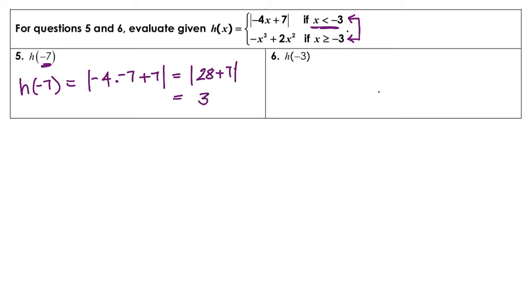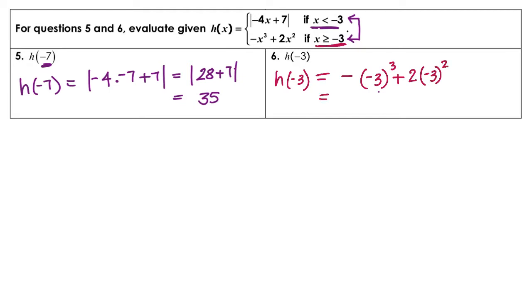Okay, looking at the next part, h at -3, notice that -3 would fall into this bottom portion because it says greater than or equal to. So when I substitute in here, I have h at -3 equals, and I have a negative from the actual problem itself. -3 is being substituted in, plus 2 times -3 all squared.